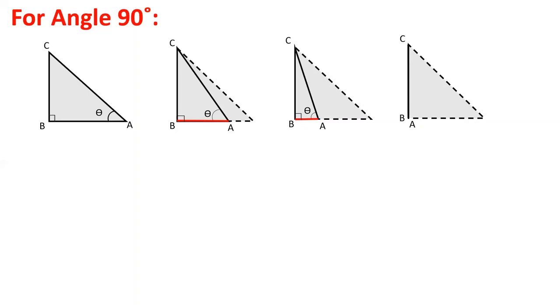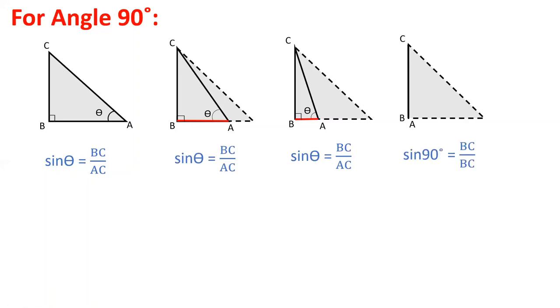Now for the first triangle, we'll write down the sine. Sine theta, which is equal to BC by AC, opposite by hypotenuse. Same for the second triangle, same for the third triangle. Now observe the fourth triangle. Now our theta became 90 degree at this place. As it became 90 degree, opposite side BC is present, no doubt. And hypotenuse, which was AC, right?